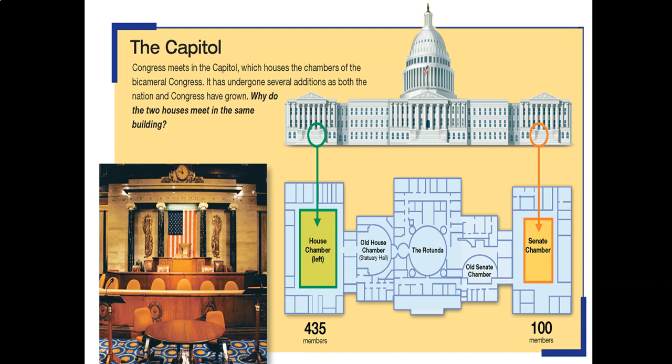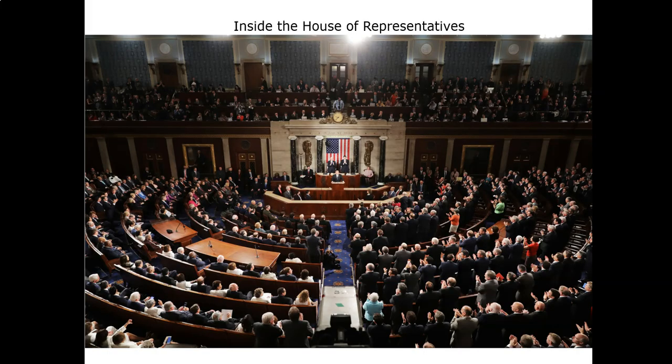If you can see on the left-hand side is the House chamber for the House of Representatives for a total of 435 members. If you see to the left is the Senate chamber, which is made up of 100 senators for a total of 535 members of Congress.